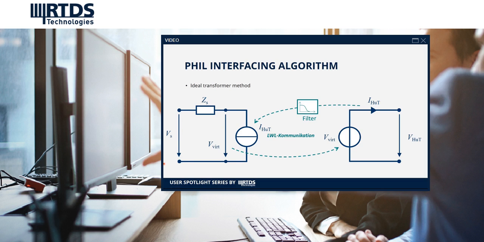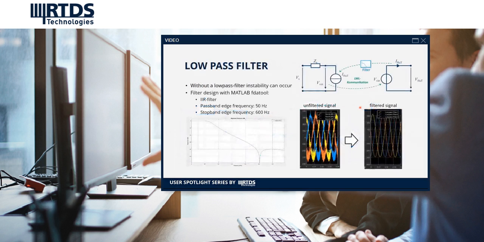As I already mentioned, a low-pass filter has to be integrated into the feedback signal to filter the noise from the current measurement. Without a low-pass filter, instability could occur, and therefore I designed a filter with the Matlab FDA tool.